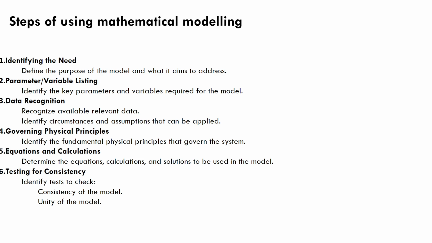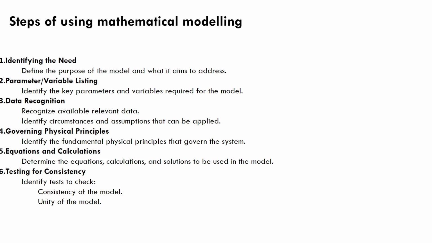You need to have a clear definition of the purpose of the model and what it aims to address. So that needs to be clear first and foremost. You need to have a clear research statement that you want to address with the model. Say, for example, like the example talked about before, you want to predict how a metabolite is getting formed.